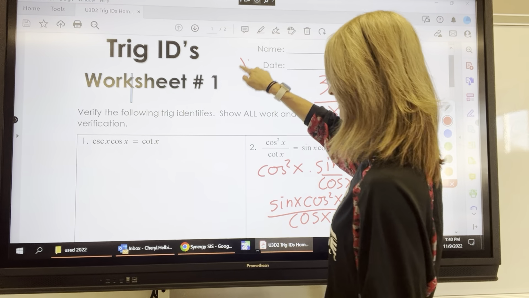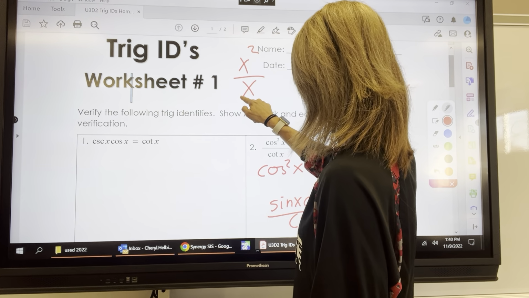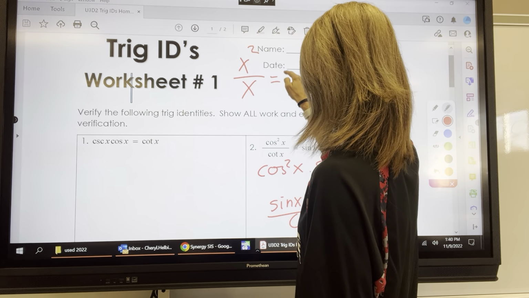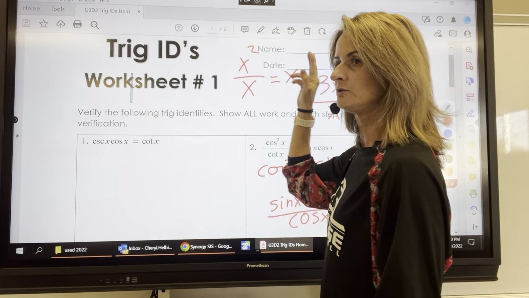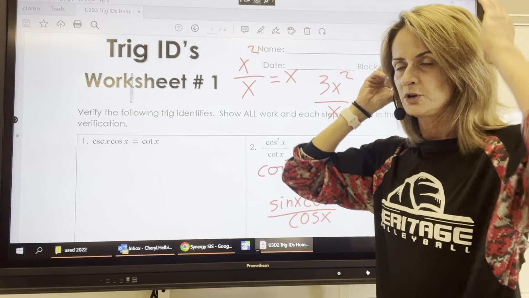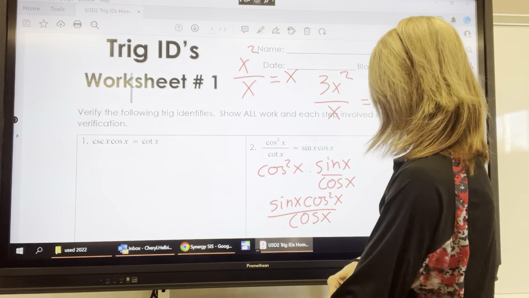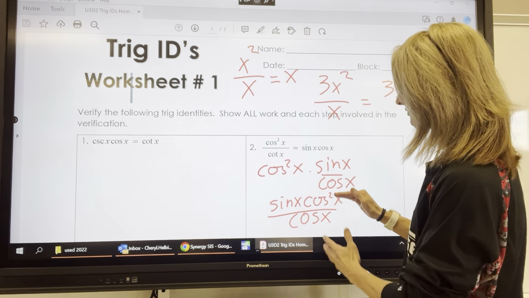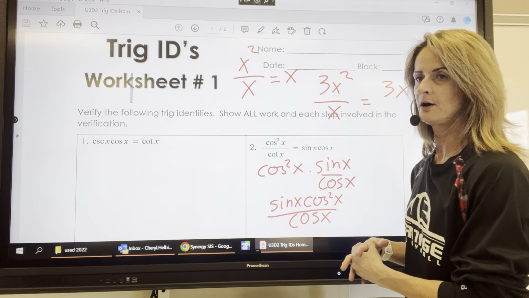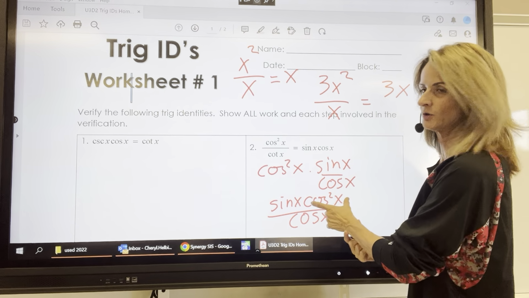Because x squared over x is just equal to x. Because when you divide, when you have the same base, you subtract the exponents. That's from like algebra 1. So one of the cosines we can cancel out, but there's still one left because this is a cosine squared.